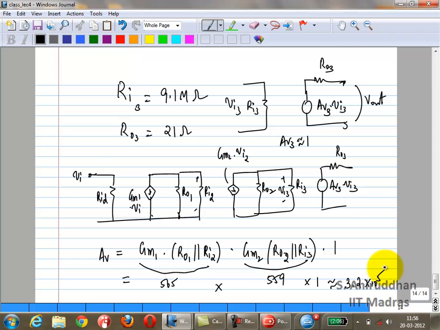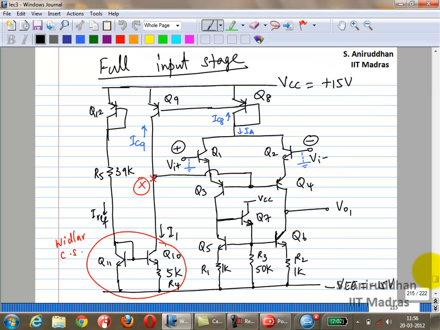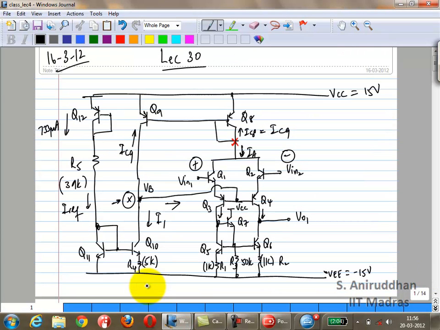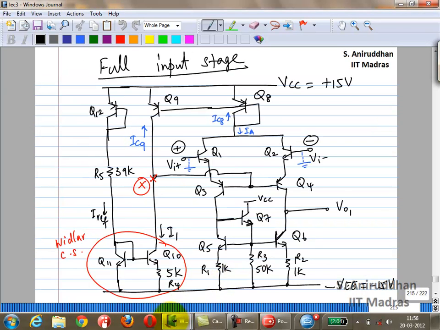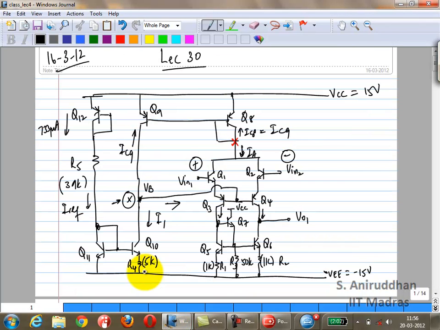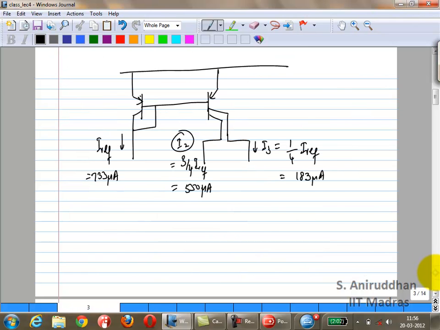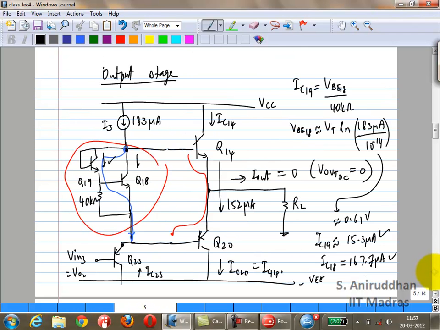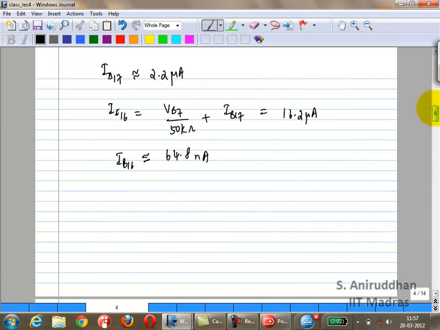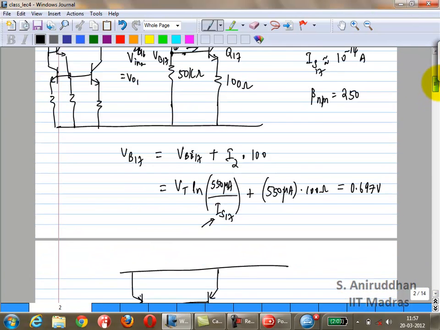One last thing we didn't talk about was compensation. If you had to do compensation for this, where would you put the compensation capacitance? So you have the first stage here. Where is the second stage?